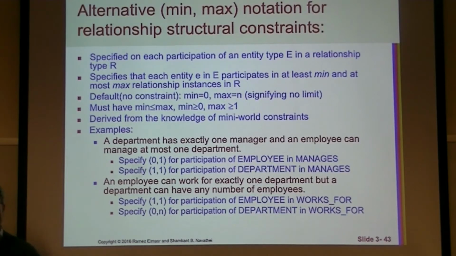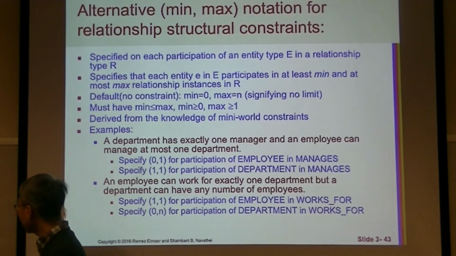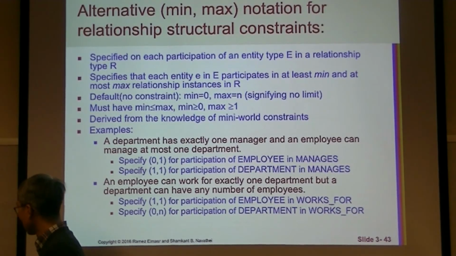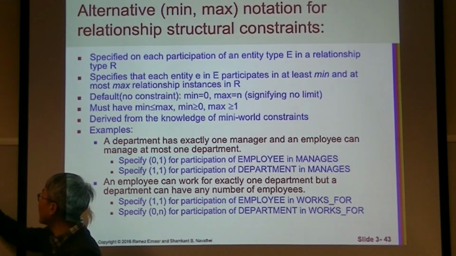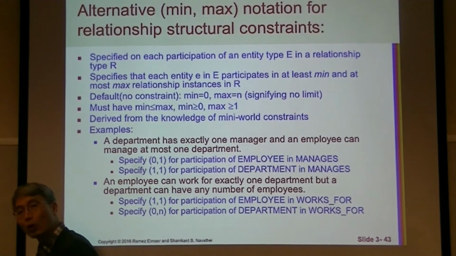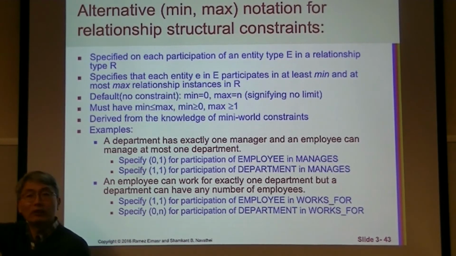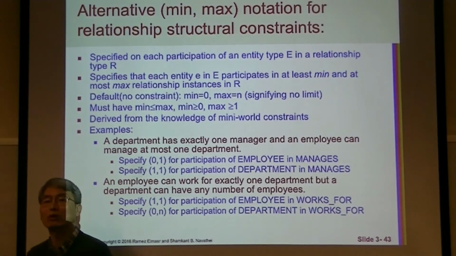The meaning is one employee works for only one department, always. On the department side, the minimum is 4 employees and the maximum is unlimited, which means each department should have at least 4 employees. This is called minimum participation and maximum participation, so it's the min-max notation.